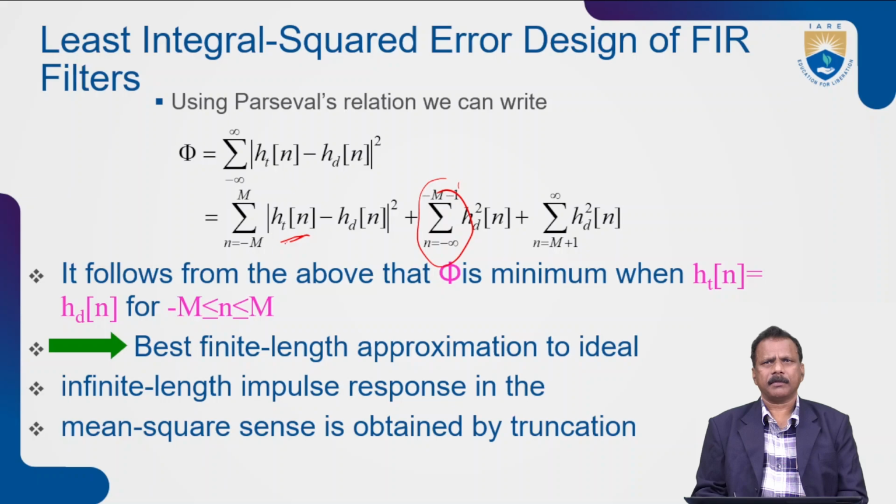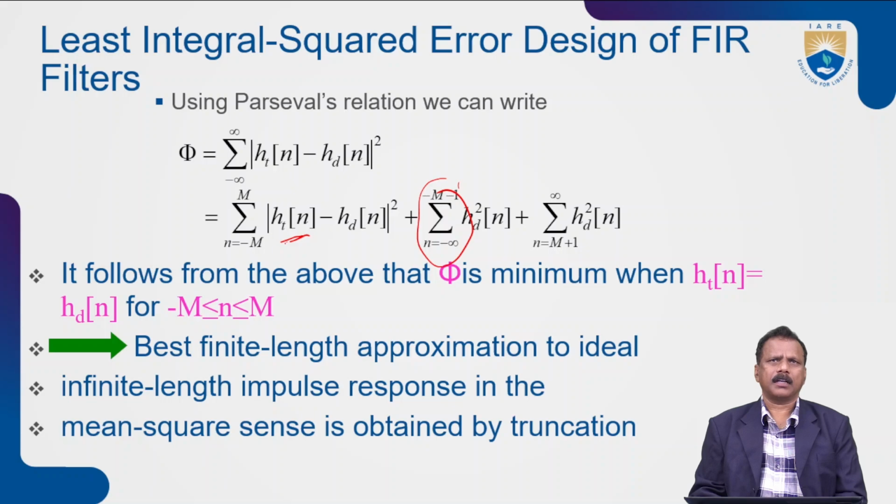It follows from the above that psi is the minimum when sT(n) is equal to sD(n) for the interval minus M less than or equal to n less than or equal to M. The best finite length approximation to the ideal infinite length impulse response in the mean square sense is obtained by truncation.